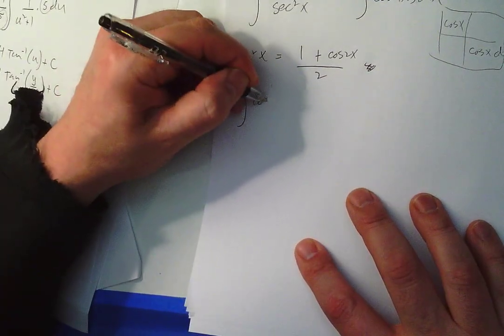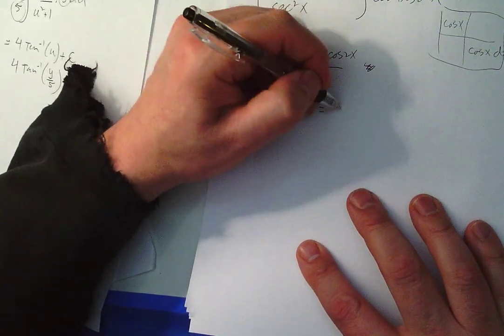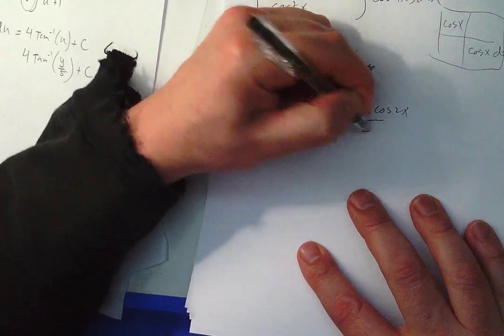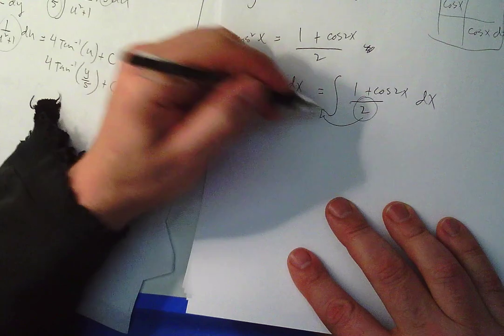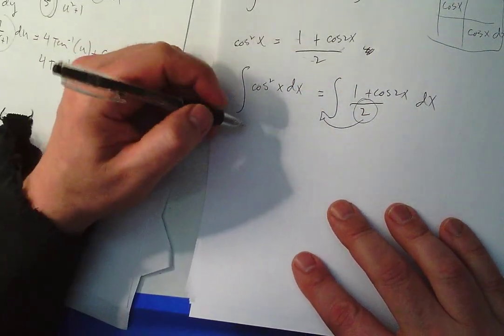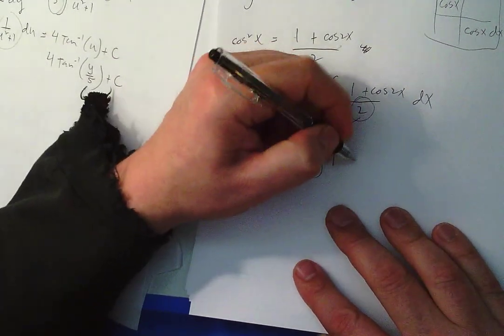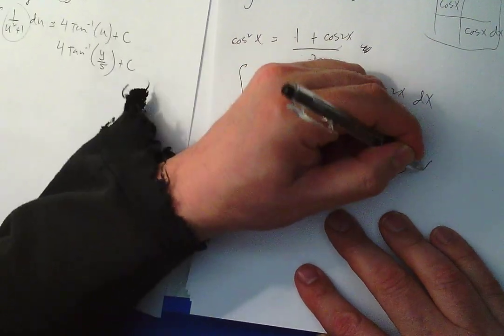So this integral cosine squared x dx can become the integral of 1 plus cosine 2x over 2 dx. Well, I'm going to pull this out. That's why I said I wasn't going to split this into two fractions before. So I'm going to have 1/2 integral 1 plus cosine 2x dx.